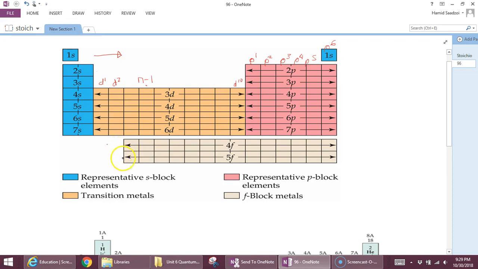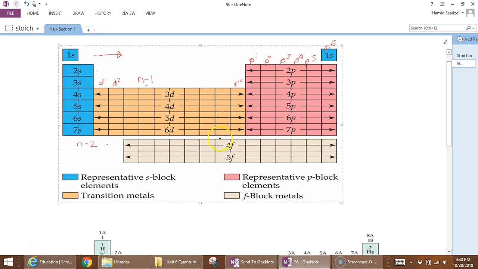These two F block rows are actually members of period 6 and 7, and the way you figure out which F you're starting with is n minus 2. So it starts after 6s, so it's 6s, then 4f, then 7s, and then 5f. I should point out it should go 6s, 4f14, then the D's come into play, 5d10, and 6p.